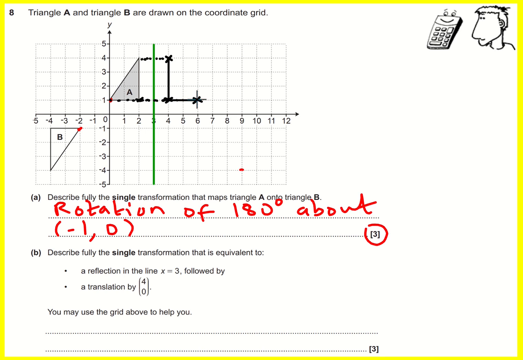I think it's very hard to do this question without using the grid to help you. So that's after my first transformation. I then do a translation by 4, 0. What this means is I move 4 along in the x direction and 0 along in the y direction. So this one's going to go 1, 2, 3, 4. And I basically move the whole shape 4 to the right. There we go.